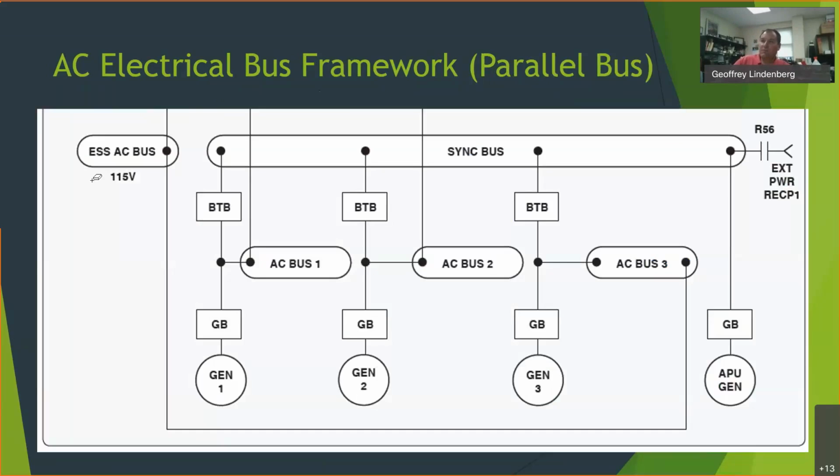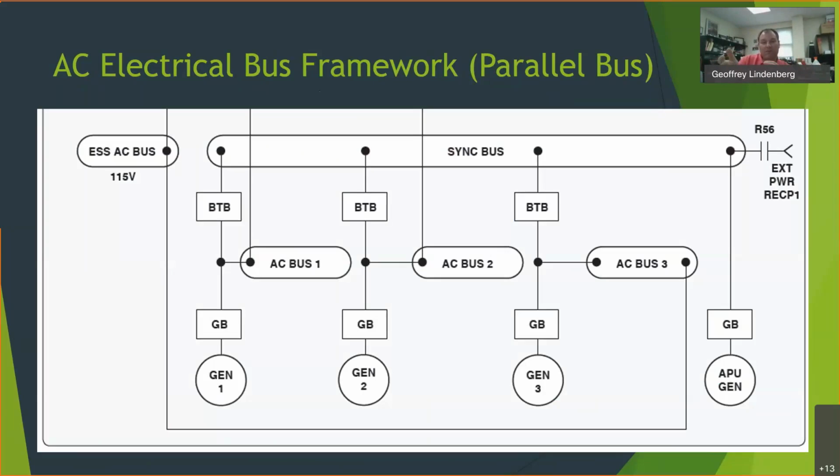It's called a parallel bus because you have multiple buses in this case. In the split bus system, when all the primary sources, when all the engine generators are running, the voltage is going to be 120 volts, the frequency is going to be 400 hertz, but the power is not necessarily going to be in phase with one another.